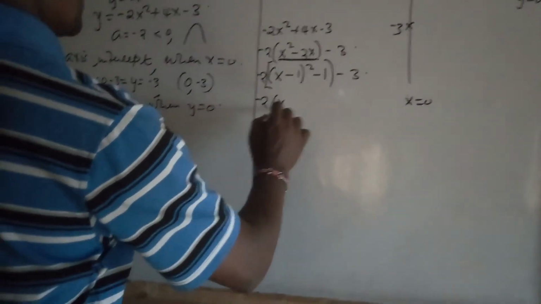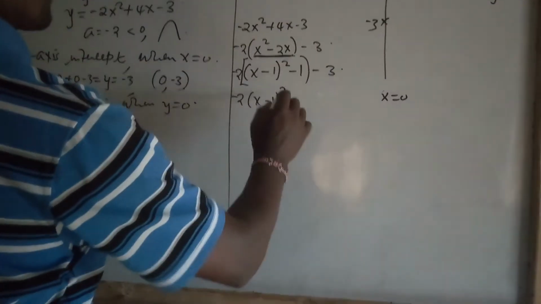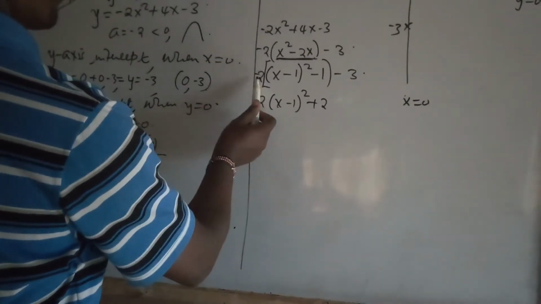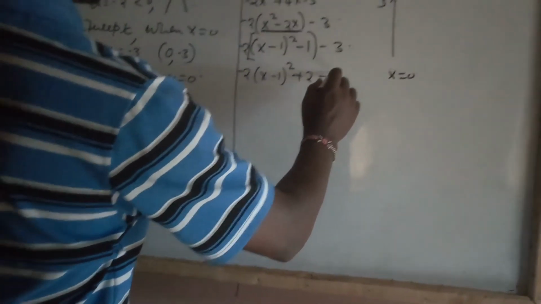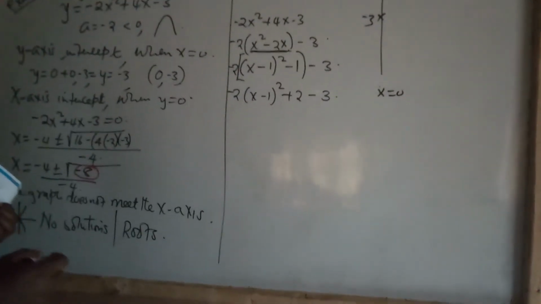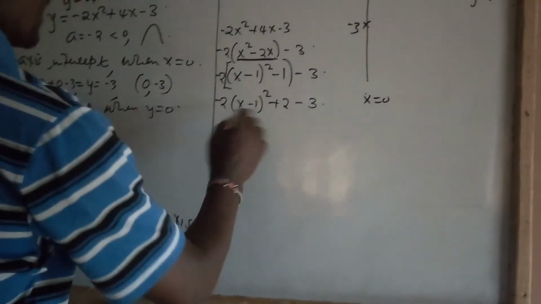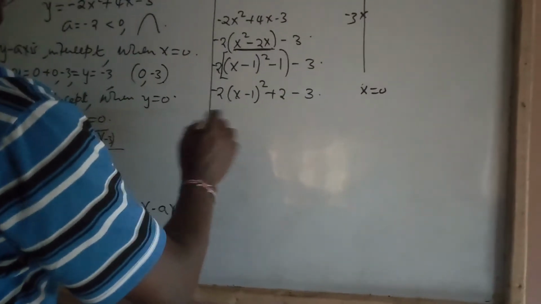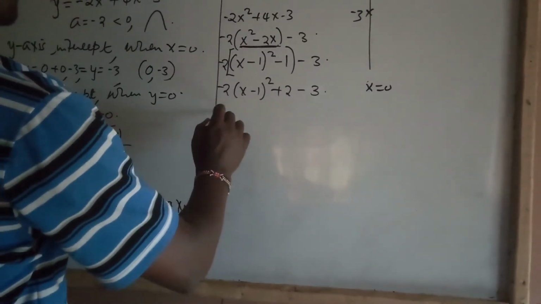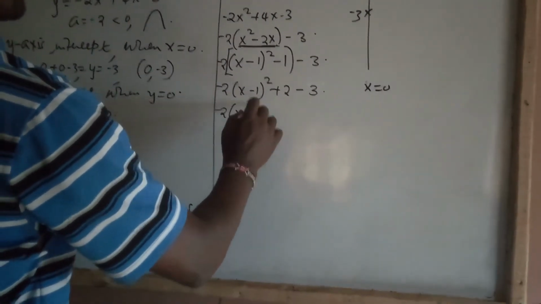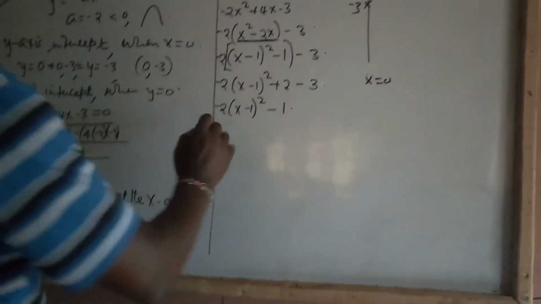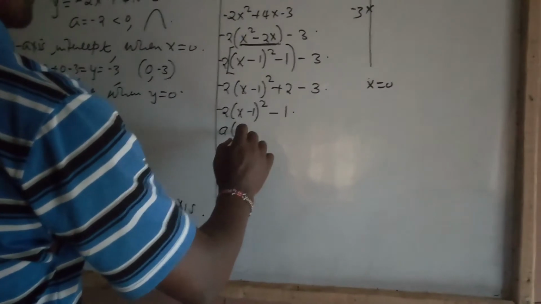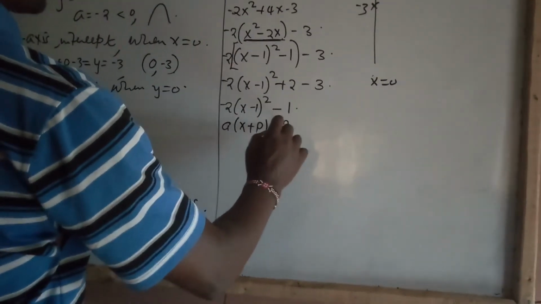When you open the bracket, you're going to have minus 2 times (x minus 1) squared, plus 2 because negative 2 times negative 1 gives us 2. Then finally minus 3. So the final expression after completing the square becomes minus 2(x minus 1) squared minus 1. This is already in the form a(x plus p) squared plus q.